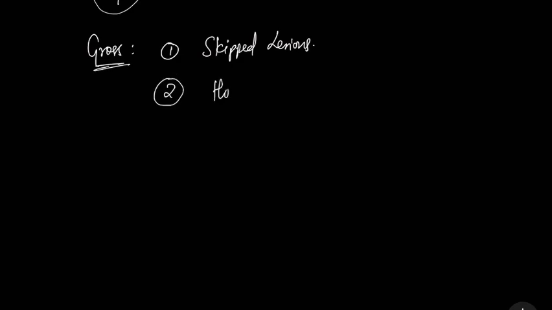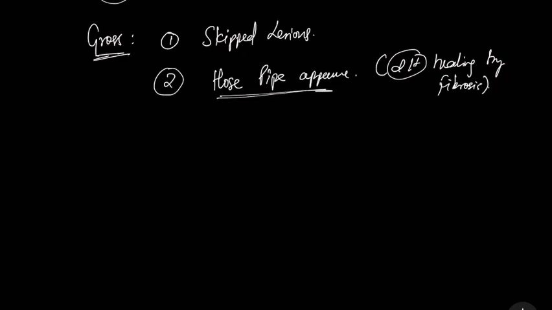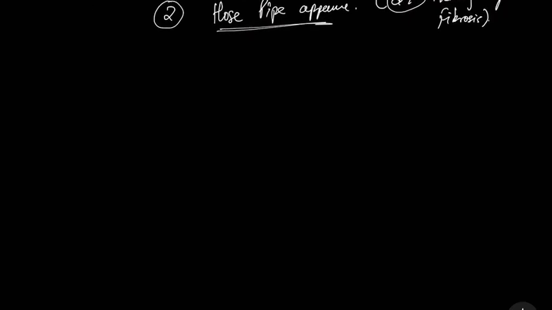It was your hosepipe appearance. Why did we see this hosepipe appearance? Due to healing by fibrosis. This was the wall of the bowel segment that was affected, healing by fibrosis, and hence we got the name hosepipe appearance.